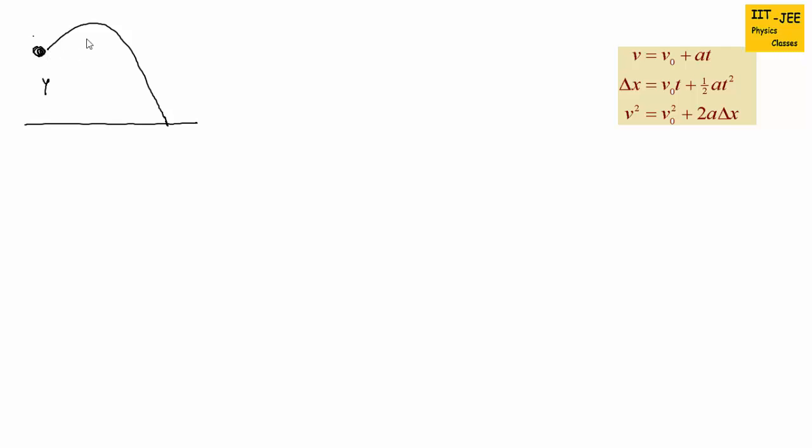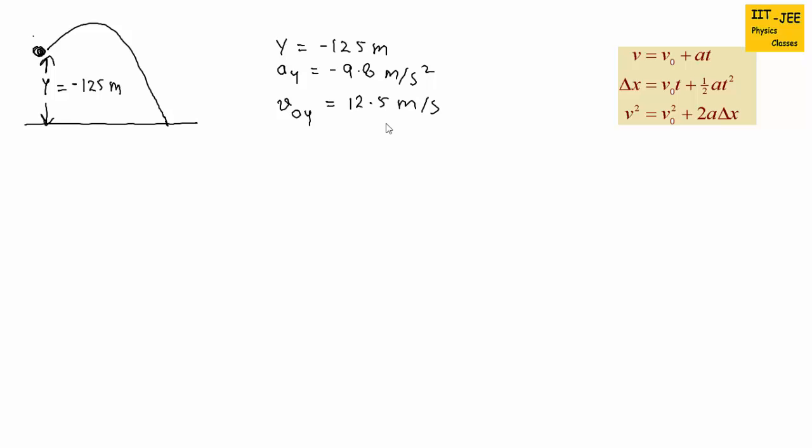From initial point to final point, the ball displaced y equals 125 meters vertically. And you know ay equals minus 9.8 meters per second squared. And we also know v0y equals 12.5 meters per second. So we got all three givens.